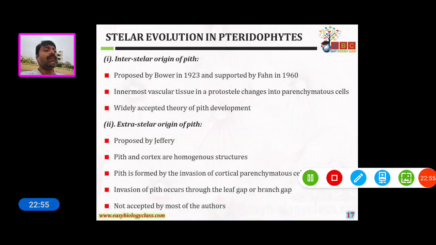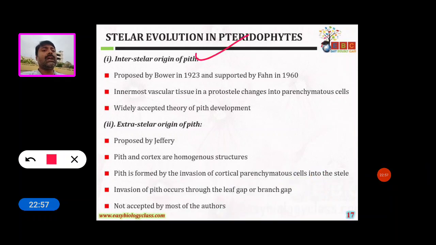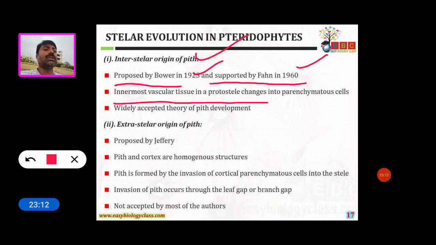First, the intrastelar origin of pith, proposed by Bower in 1921 and supported by Fan in 1960. The innermost vascular tissue in the protostele changes into parenchymatous cells. It is the widely accepted theory of pith development.